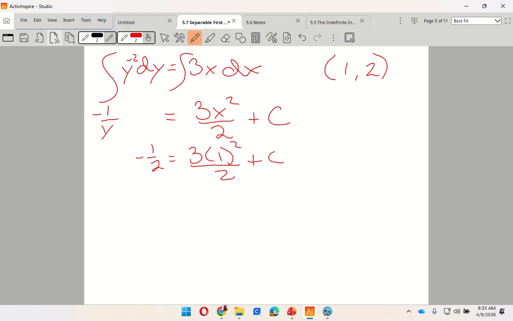So I need to move this over here on this side, to the left. So I have a positive 3 over 2 here, so I need to subtract 3 over 2, which is going to give me negative 4 over 2, right? Negative 4 over 2 equals my C value. Are we okay to this point?